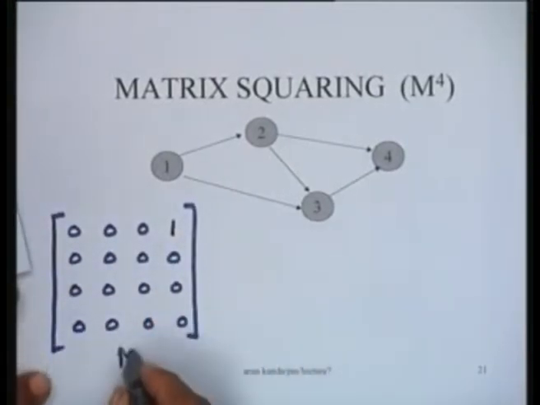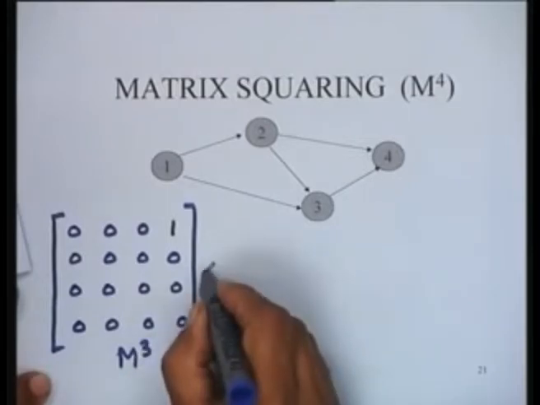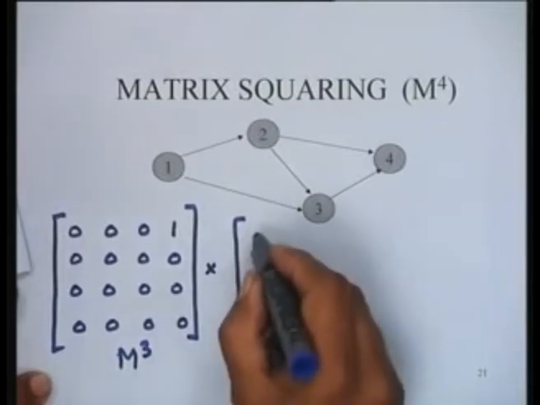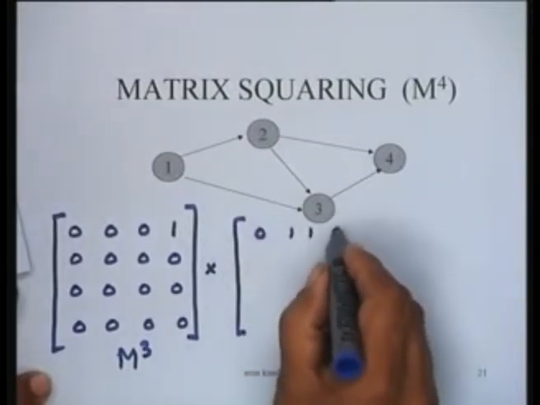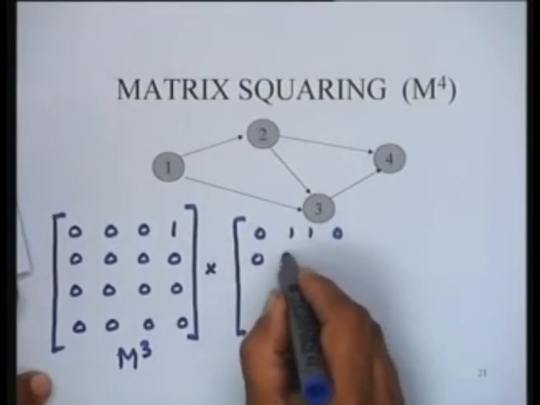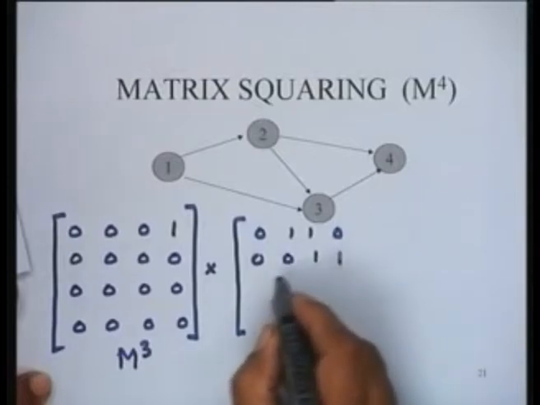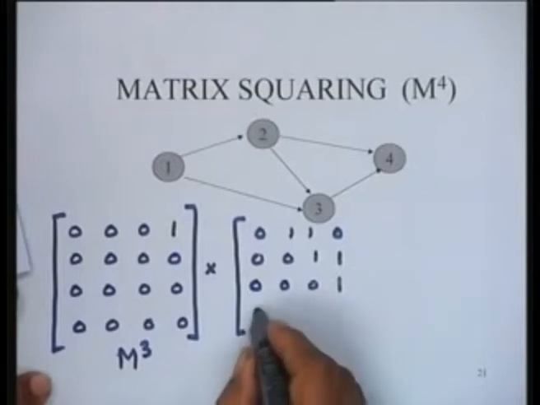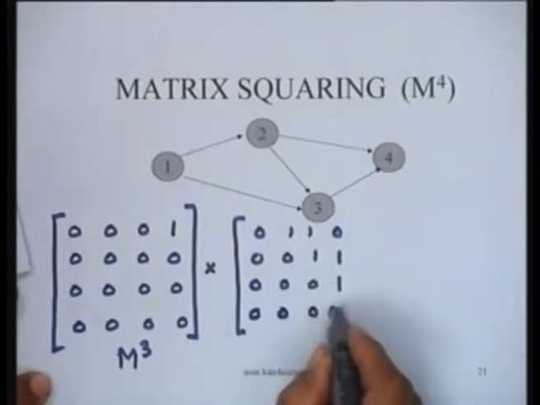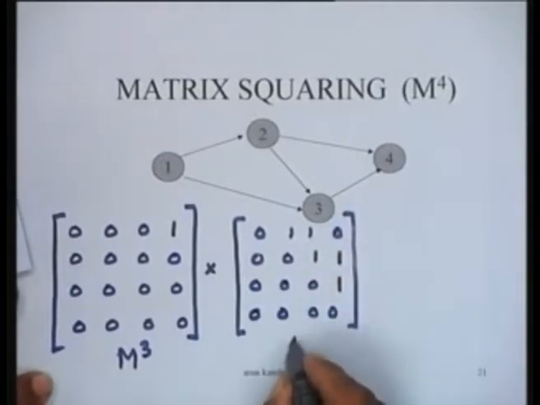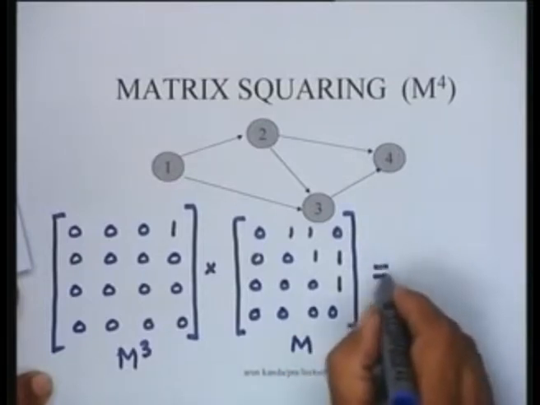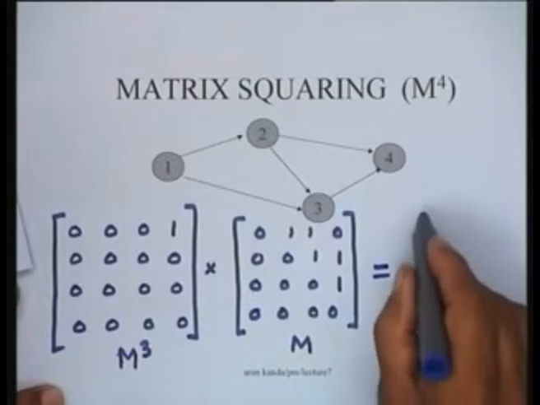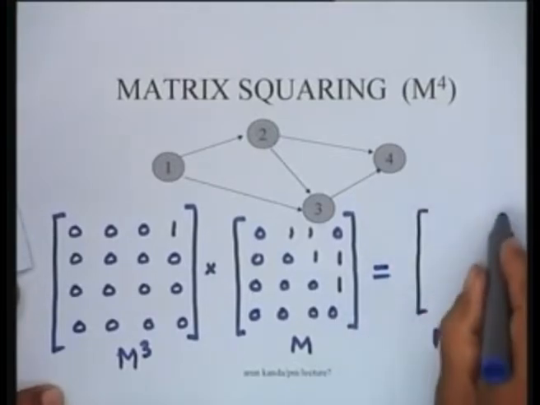This is the matrix M cube. If I multiply this with the matrix M, which you will recall is nothing but 0, 1, 1, 0, 0, 0, 1, 1, 0, 0, 0, 1 and 0, 0, 0, 0, by this product I would get M to the power 4, and in this case what do I get?